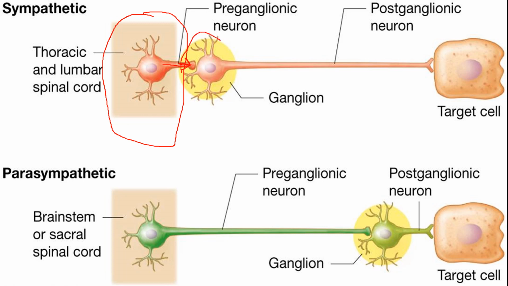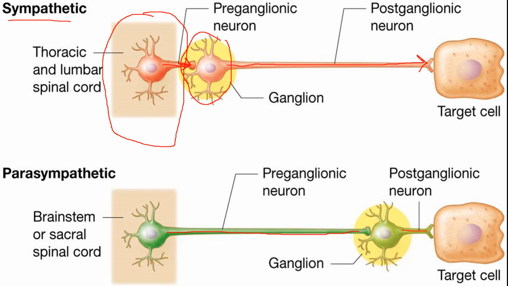The soma of the postganglionic neuron resides in this autonomic ganglion. And then it has a very long axon that will synapse onto the target cell, and that is the sympathetic nervous system. The parasympathetic nervous system has very long preganglionic neurons and very short postganglionic neurons.